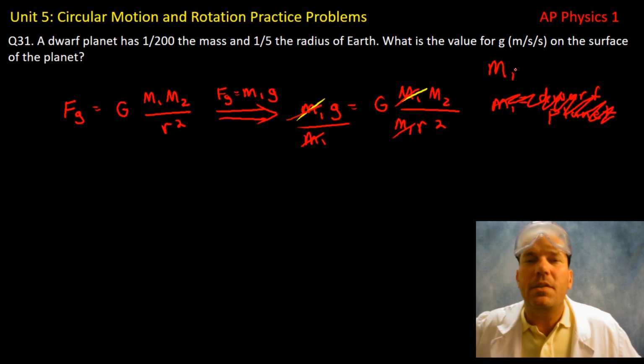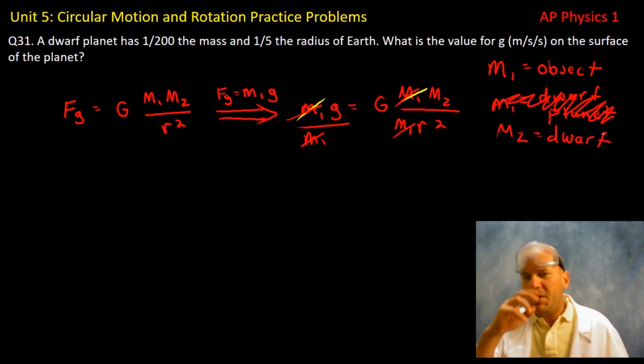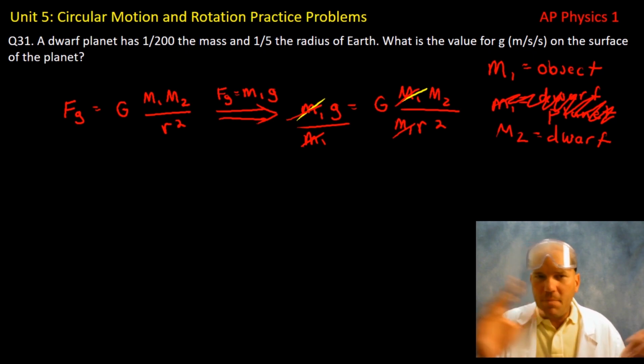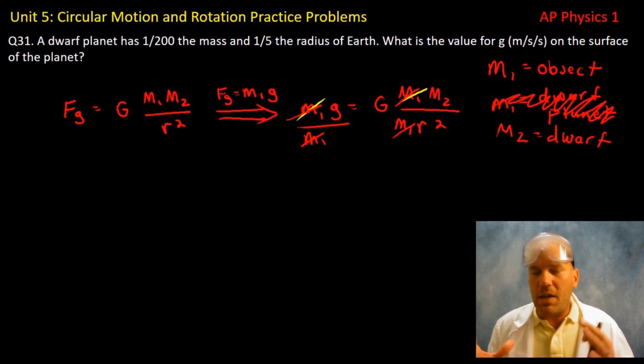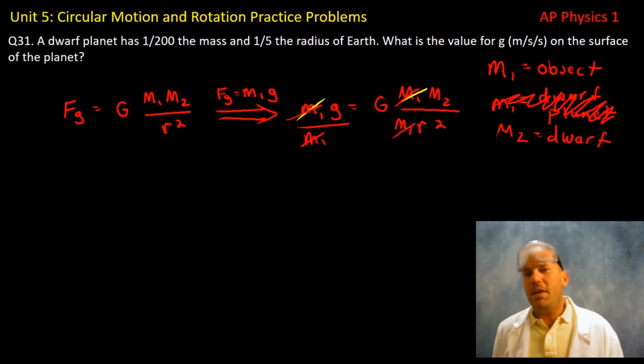Mass 1 is the mass of the object that is on or near the surface of the dwarf planet. Mass 2 equals the dwarf planet, my fault. So mass 2 is the dwarf planet. Mass 1 is the object, whatever that might be, that is on or near the surface. And it is that mass that will cancel out.